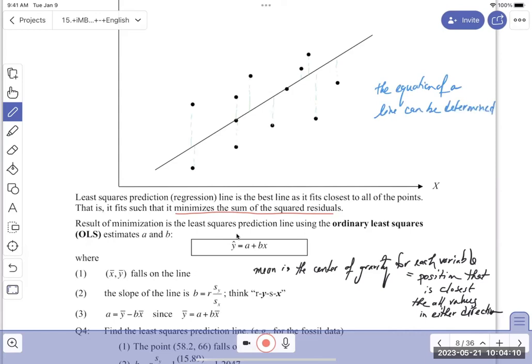Equation of a line can be determined with a slope and a point on the line. It can also be determined with two points, but we're not interested in that method right now.